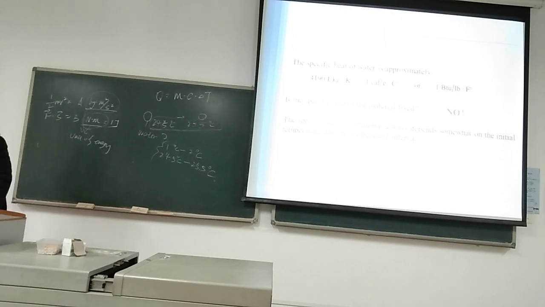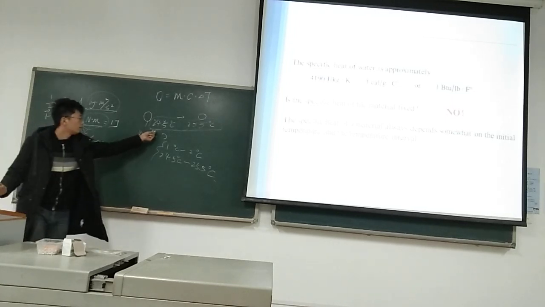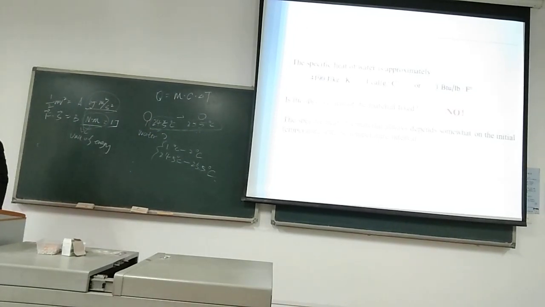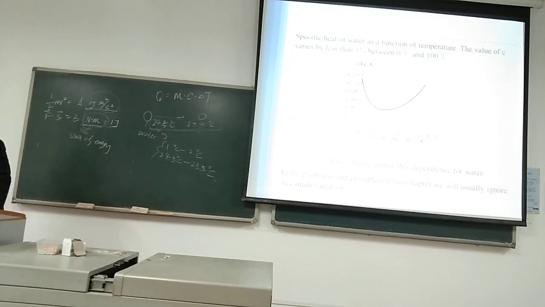The specific heat of a material always depends somewhat on the initial temperature and the temperature interval. So the specific heat of the material varies with the temperature. Here is shown the variation of the specific heat of water with temperature from 0 to 100.